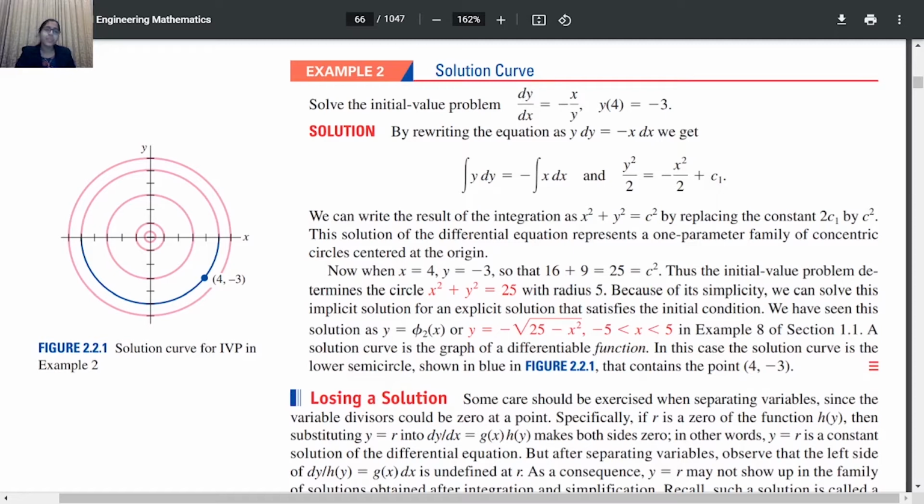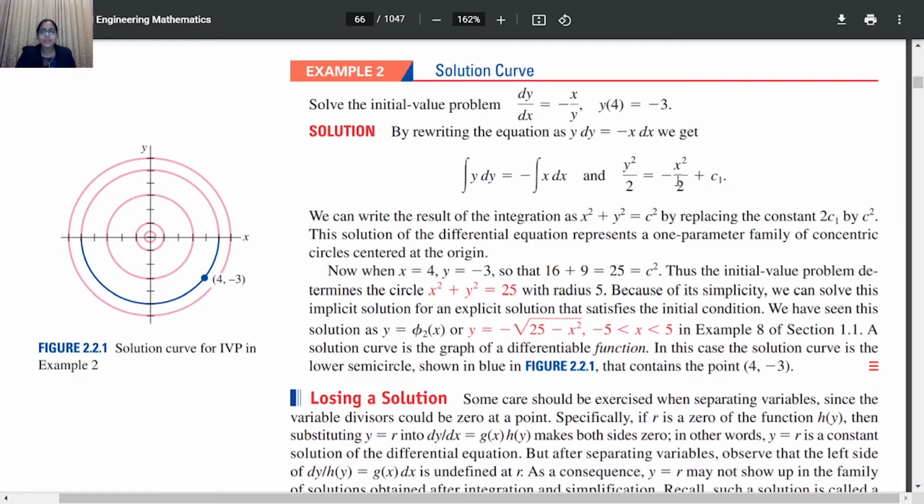When we integrate it, integrating y gives y square by 2 equal to minus x square by 2 plus some integrating constant. Or I can write this as (x square plus y square) by 2 is equal to c1.